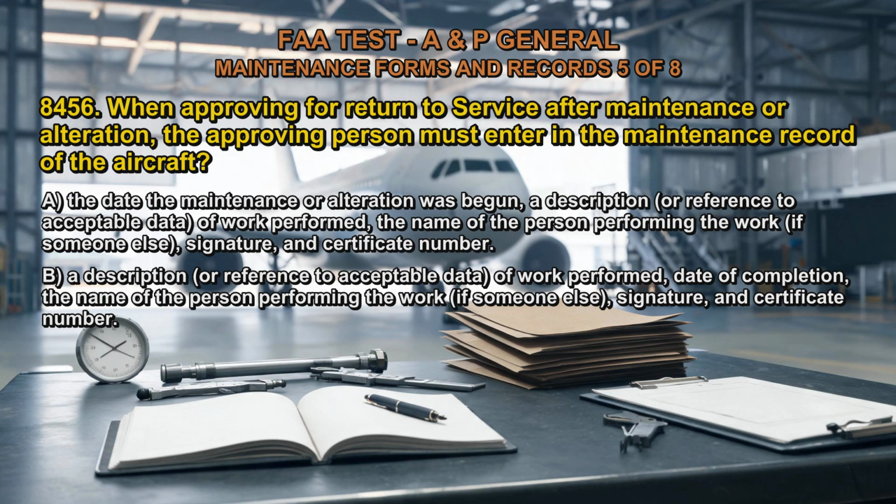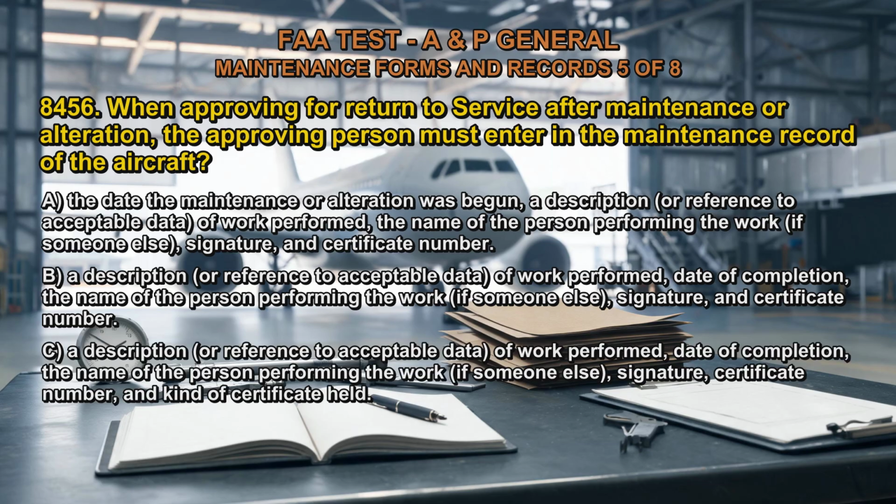B. A description or reference to acceptable data of work performed, date of completion, the name of the person performing the work, if someone else, signature, and certificate number. C. A description or reference to acceptable data of work performed, date of completion, the name of the person performing the work, if someone else, signature, certificate number, and kind of certificate held.